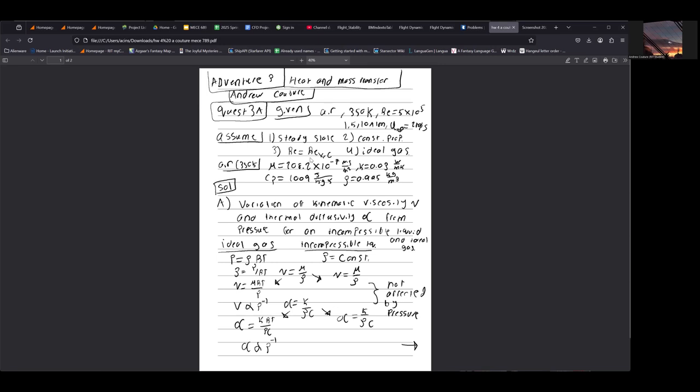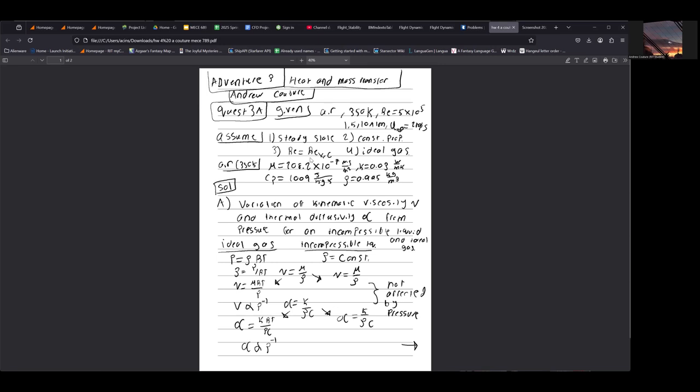For alpha diffusivity, the equation is conductivity over density times Cp. And plugging in the density of an ideal gas, you get diffusivity equals K times RT over pressure times Cp, which is the same case as kinematic viscosity. It is directly proportional to 1 over pressure, or P to the negative 1.